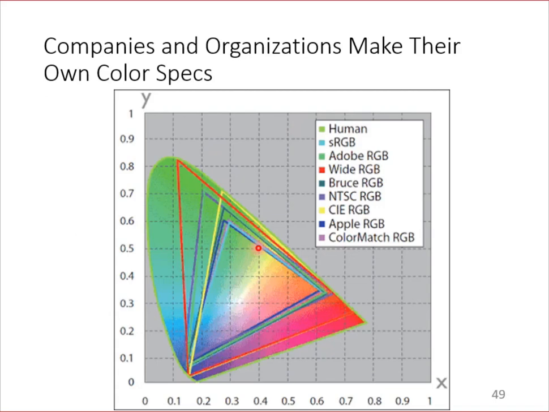I should say, around 20 years ago, there were CRT monitors or CRT displays. Okay, and there are television companies. They want to deliver their signals to those devices so that users can watch TV programs on those devices. So they need to specify what color should be reproduced on those TV sets. So they create their own color space. Okay? And Apple also created their own color space.